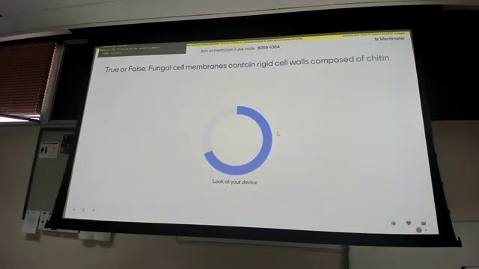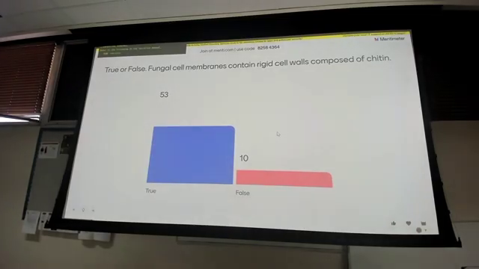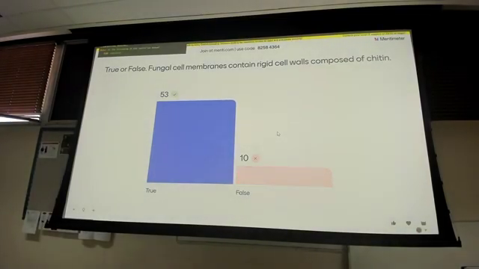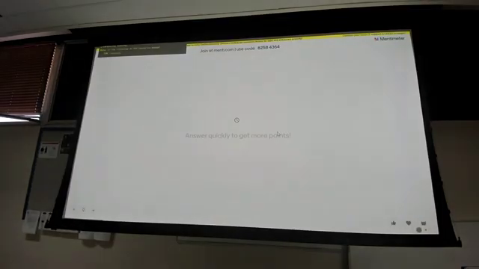True or false? Fungal cell membranes contain rigid cell walls composed of chitin. True, yes. And then the next question is going to be, I believe, again about the structure of the fungal cell.